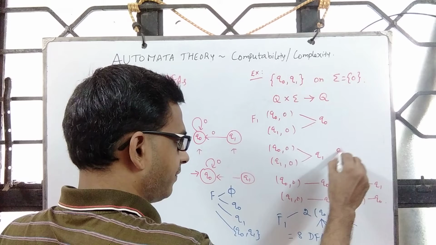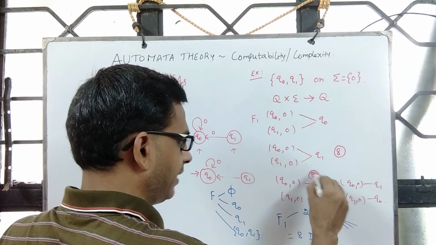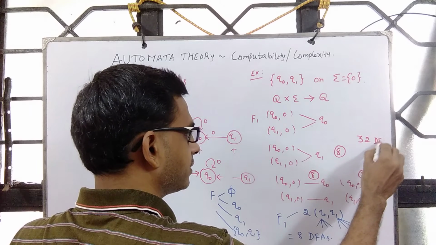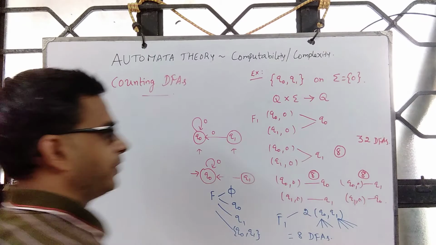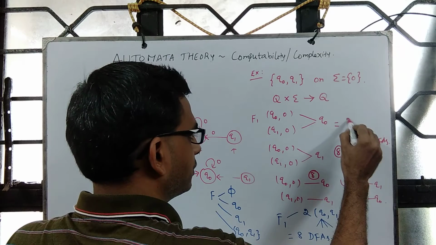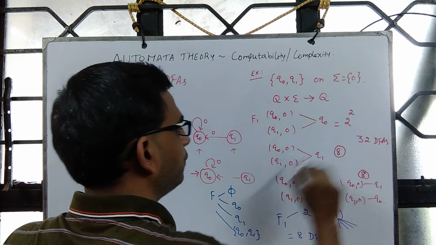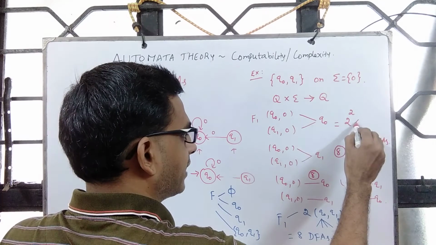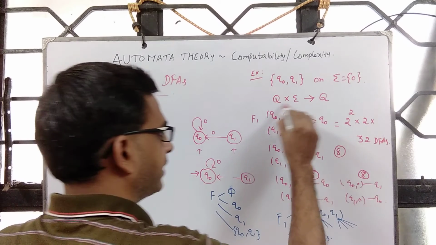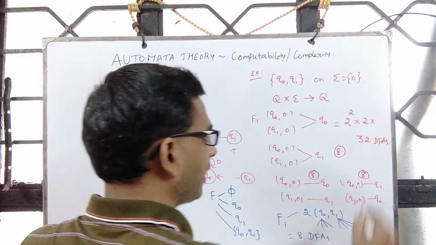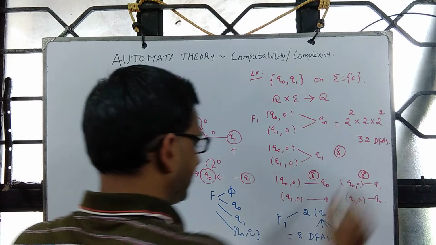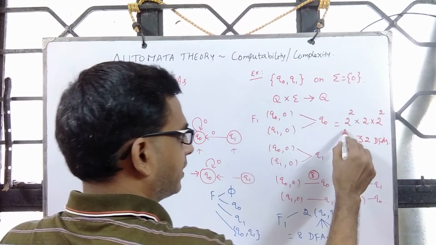Similarly this will give another 8, this another 8, and this another 8, so there are 32 DFAs. We also observed that the number of functions is 2 to the power 2 into 1, multiplied by the possible values for start states, which is 2, the cardinality of Q, multiplied by the possibilities for final states, 2 squared, which gives you this number.